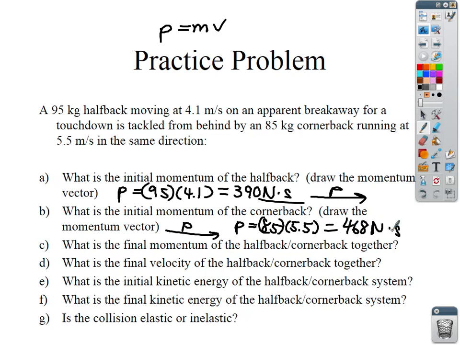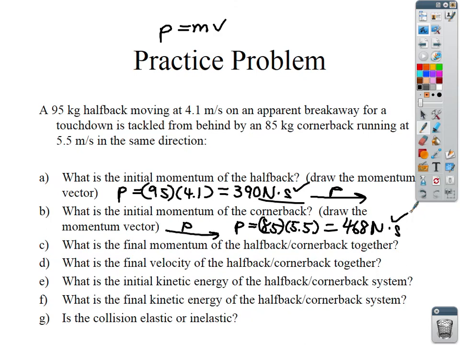What is the final momentum of the halfback and cornerback together? So this is an example of a conservation of momentum. The objects do collide. Again, when we look at conservation of momentum, we're looking at what is the momentum of the objects just before colliding. That's 390 and 468. And what will be the momentum just after the collision?